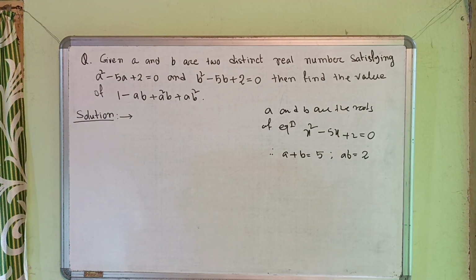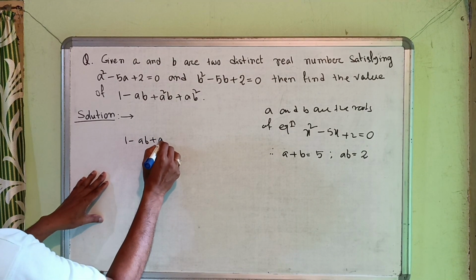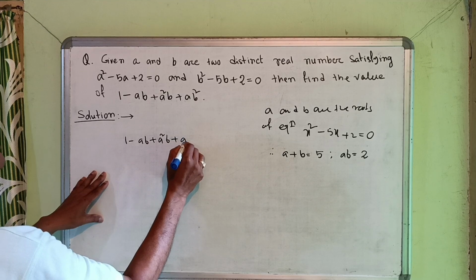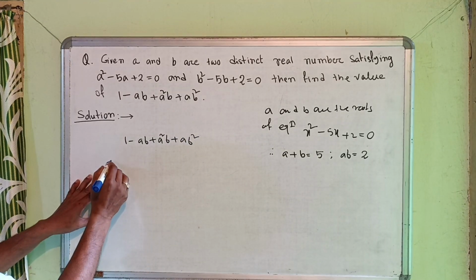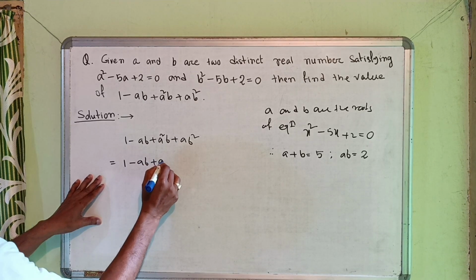Now we are finding the value of 1 minus ab plus a square b plus ab square. We can write this as 1 minus ab plus ab times a plus b, taking ab common.